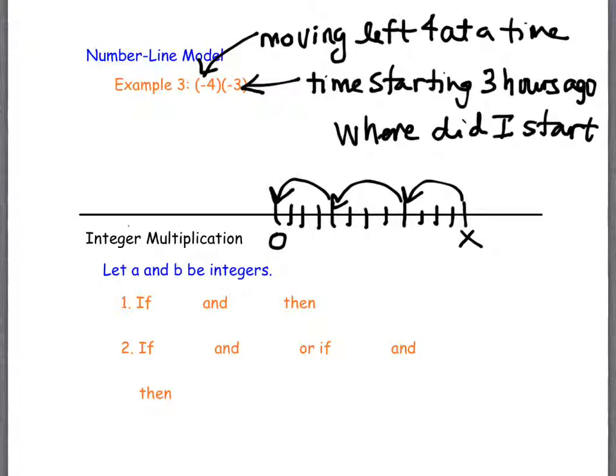Wherever I end, I call that 0. And I go back then and I say, okay, well then where did I start? You can actually count, multiply however you think about it, and where did you end up having started? 12. So the answer is 12.